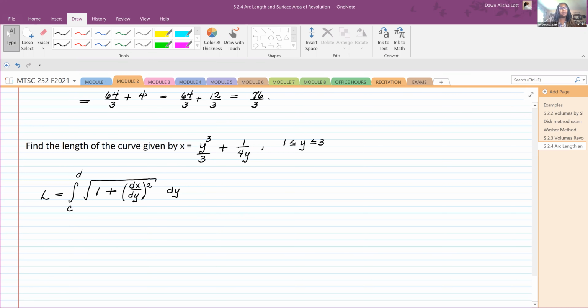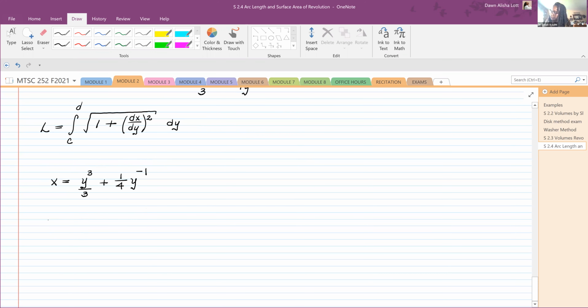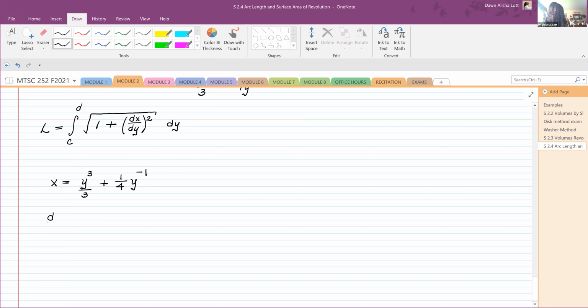All righty, so here's x: y cubed over 3 plus 1 over 4 y to the negative 1. You need to find dx/dy. Then you need to find dx/dy squared.